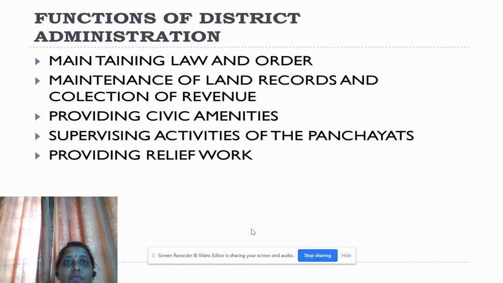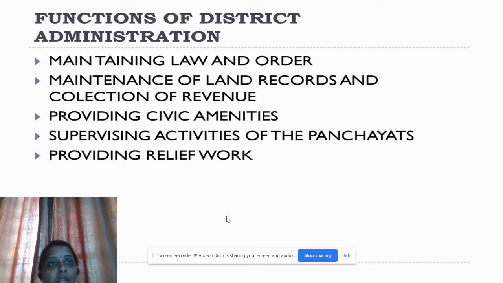Now, what are the functions of the district administration? As we were seeing: maintaining law and order, maintenance of land records and collection of revenue, providing civic amenities, supervising the activities of the panchayats. Here again there is a panchayat which is connected to the district.